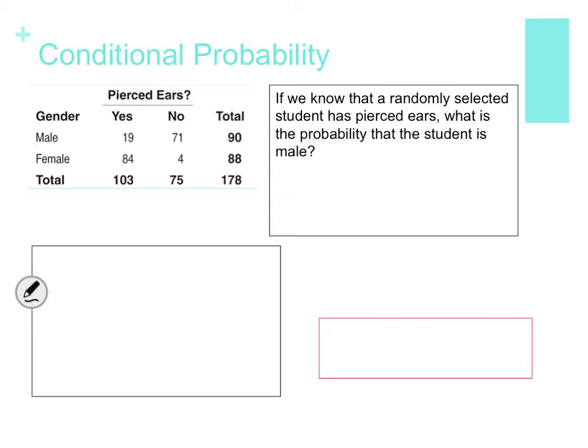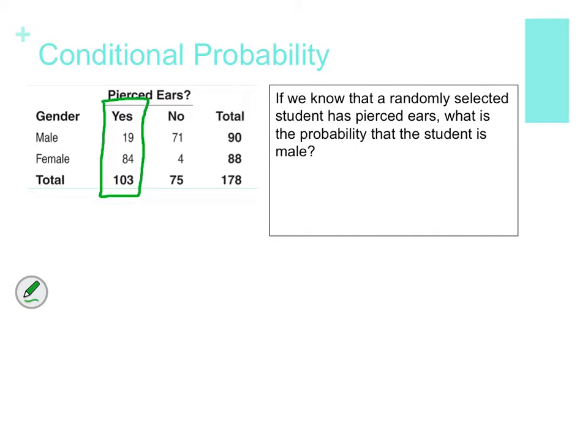Okay, so there's a total of 103 with pierced ears, right? So you know that you're talking about those 103, because if we know that a randomly selected student has pierced ears, that means we already know they have pierced ears, so it has to be out of that 103. There are 19 of those among the 103 that have pierced ears, okay?